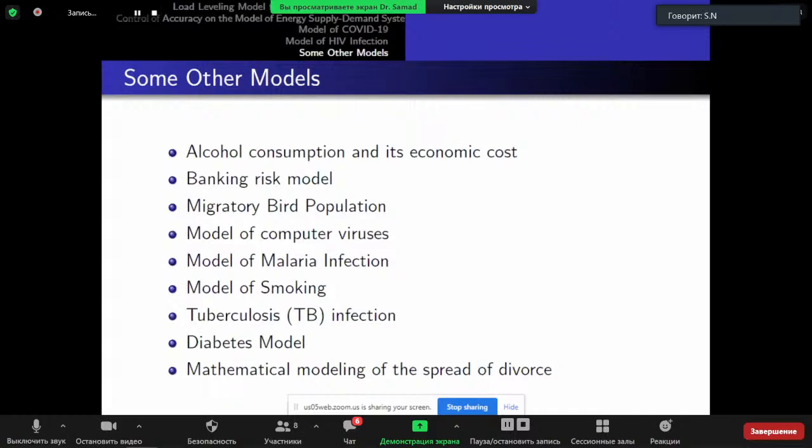The diabetes model and also mathematical modeling of its complications is very interesting and also important, not only in Russia but in all countries. We have a mathematical model, and there are many other models that we can talk about. We have its general form, its mathematical relation, and we can extend it and enter Russian data, and after that we can forecast.